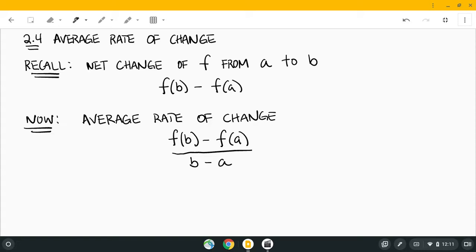The slope of the line between these 2 points.